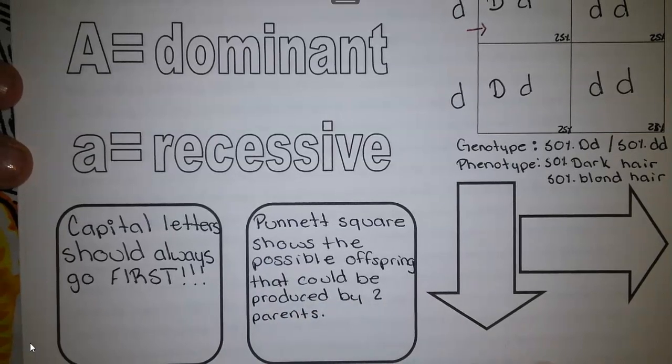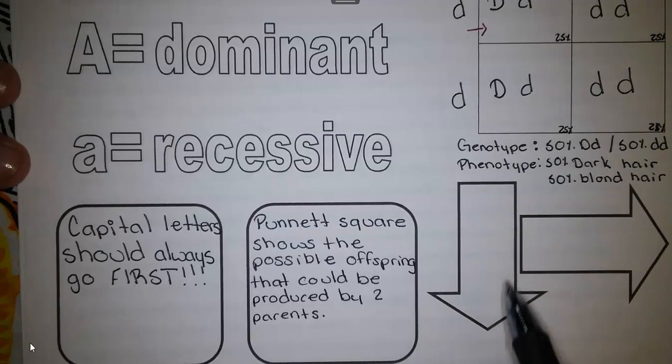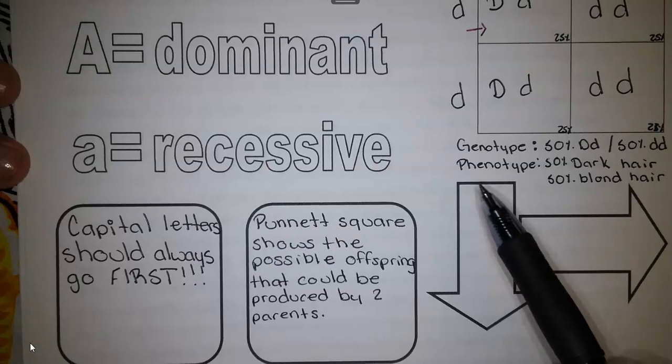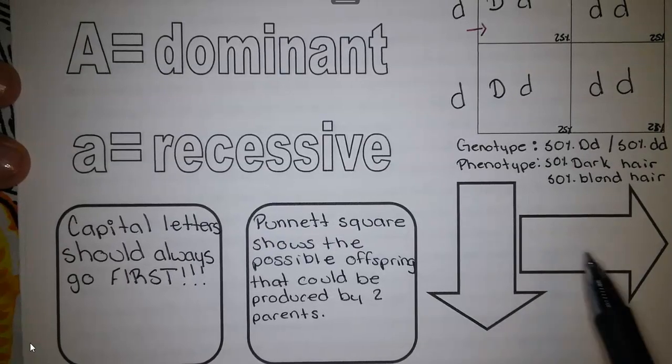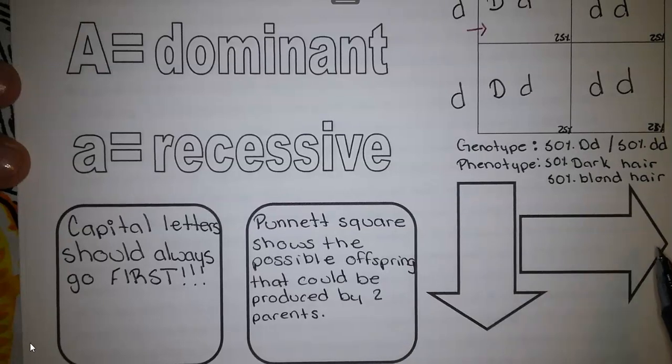It is also showing, predicting the possible combinations. And these arrows are just to show you that in Punnett squares, you go from the top to the bottom on every square, and then from the left to the right.